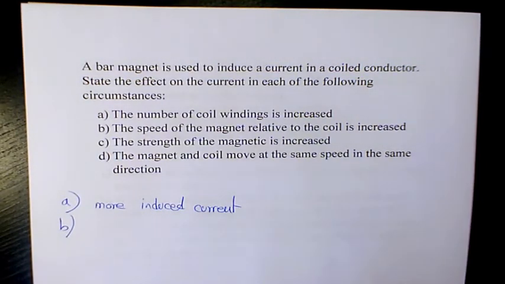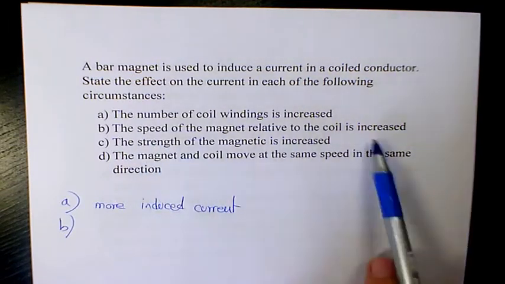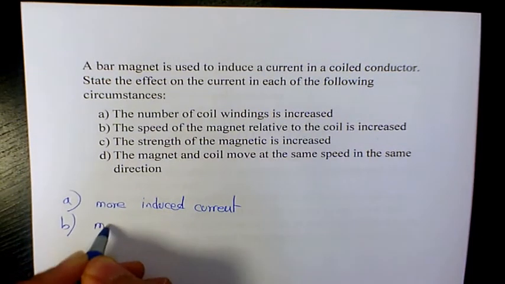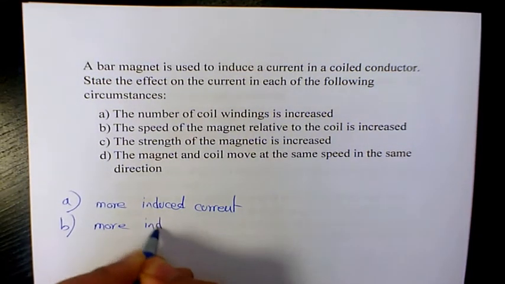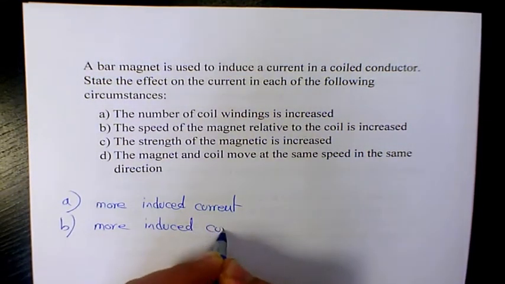Part B. The speed of the magnet relative to the coil is increased. That's related to the rate of change of the inducing magnetic field. And we know, based on the law of electromagnetic induction, the rate of change of the inducing magnetic field is proportional to the induced current. So, as you increase the speed, we're going to have more induced current.